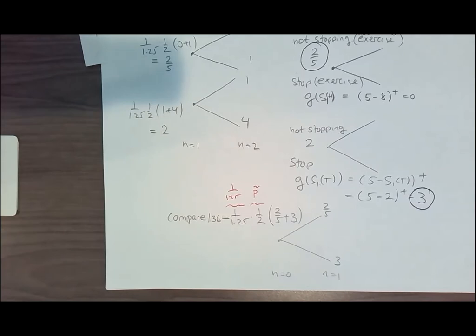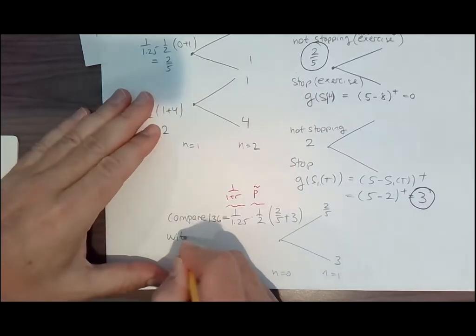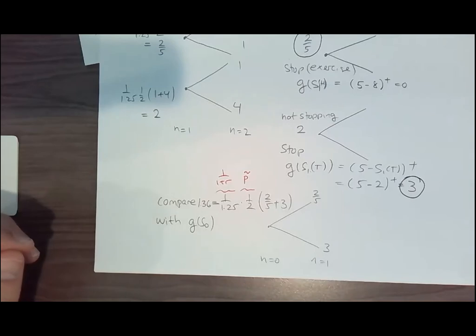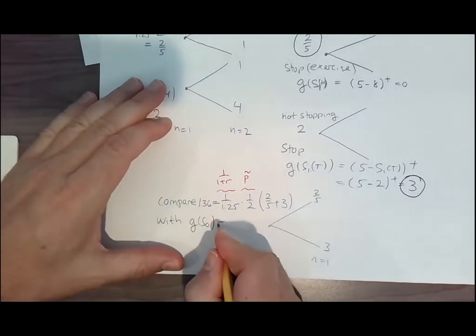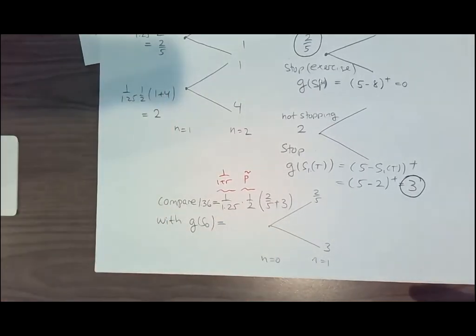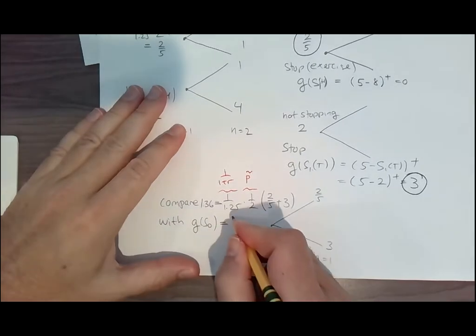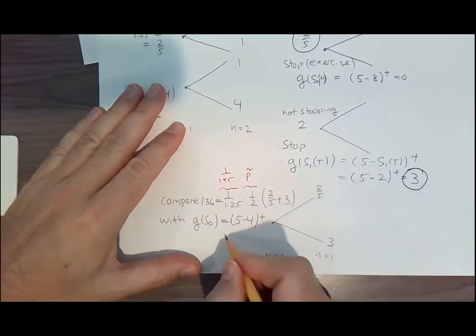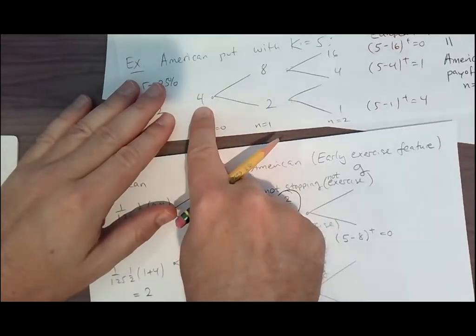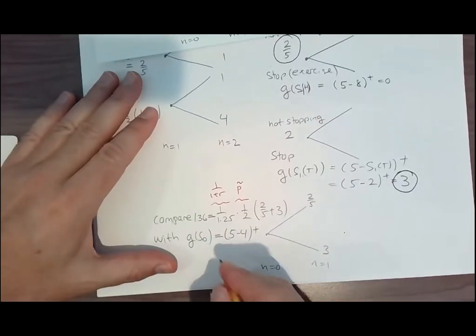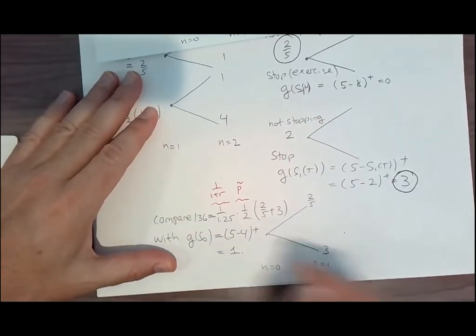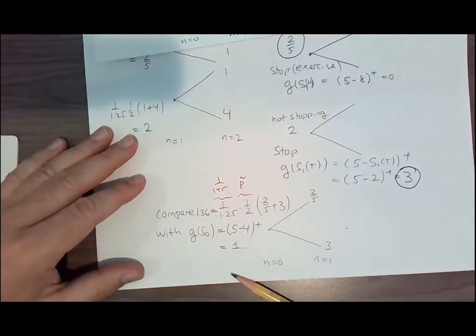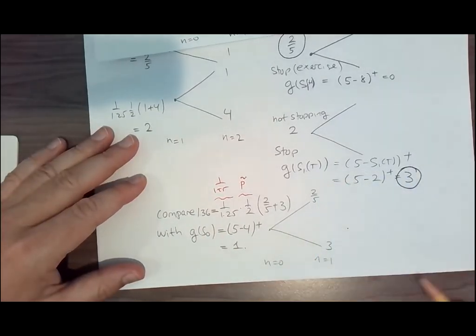You compare this with G of S0. Okay, so what is G of S0? If I call it quits immediately, it will be 5 minus 4, positive part, because the initial stock price was 4. This here is equal to 1. So you compare the two, the biggest number wins, and the biggest number is going to be 1.36.